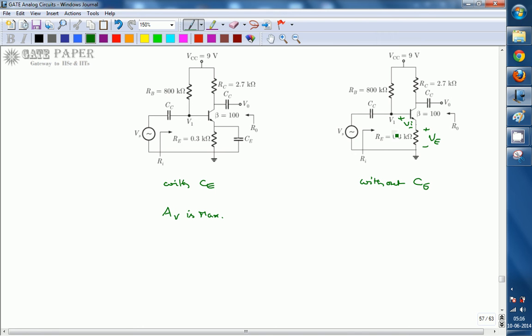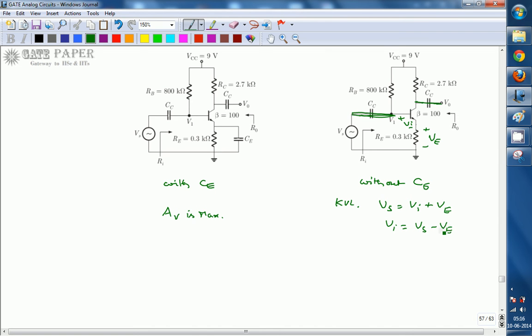Can we write the KVL across this? At signal frequencies the capacitors are acting as short circuits, so from KVL, what can you write? Vs is equal to Vi plus Ve. So Vi is equal to Vs minus Ve.